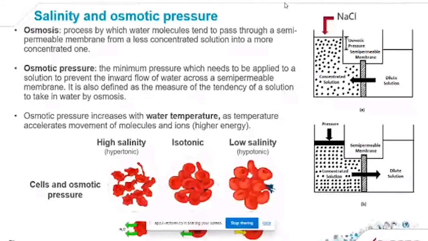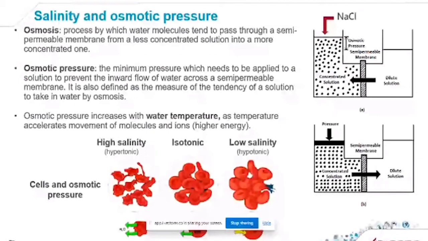Initially, both sides of the container are at the same level of water, but after you add the salt, over a few hours you can see an increase in the level on the left-hand side. And the osmotic pressure is the pressure applied to bring that level back to the same level. That's what you see in the bottom right graph. So here pressure has been applied to bring the levels back together.